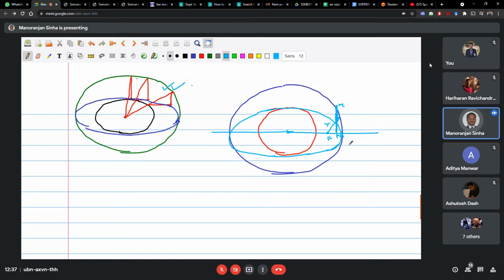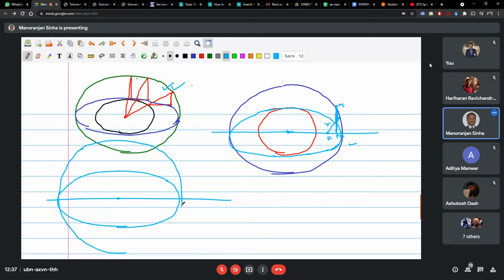So the same figure is shown here. We can show it in some other way also. We have an ellipse here, and surrounding this we have the circle, which is called the auxiliary circle. This is your focus.